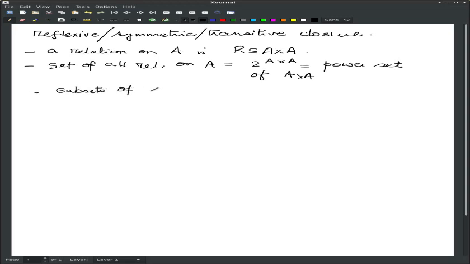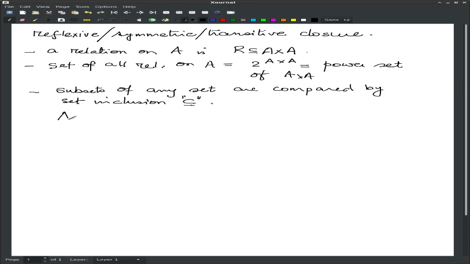Subsets of a set, of any set, are compared by the set inclusion, which is almost like less than. So you know that we have already seen, it is kind of a relation between sets. So it's a relation.